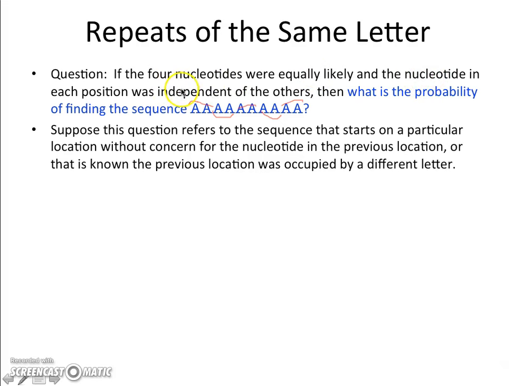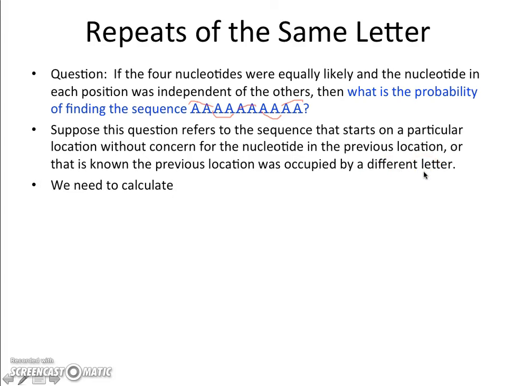So equally likely and independence are very strong assumptions in the context of probability. Mathematically speaking, they're not weak assumptions. But let's suppose this question refers to the sequence that starts on a particular location without concern for the nucleotide in the previous location, or suppose that it is known that the previous location was occupied by a different letter.